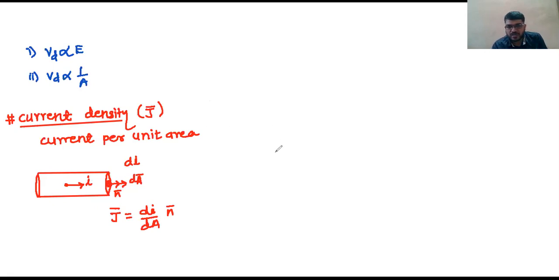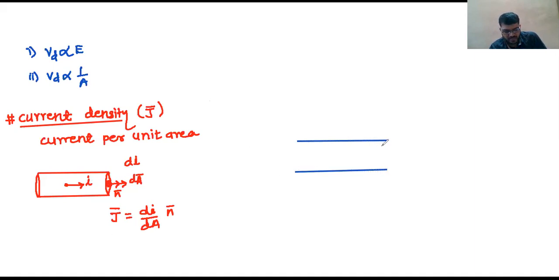Now, in the second diagram, again I am taking one conductor like this, but this time I am changing the area of cross section, making an angle theta.